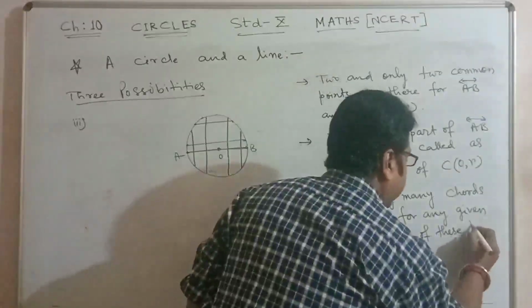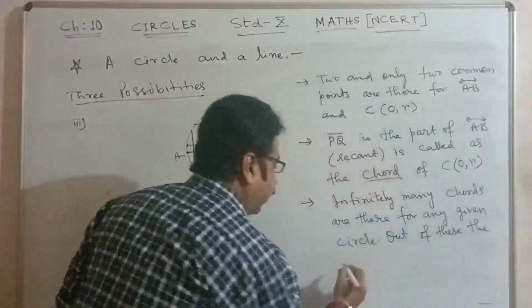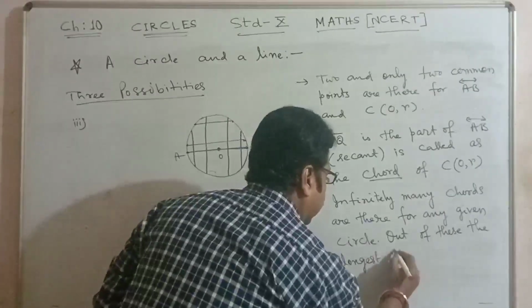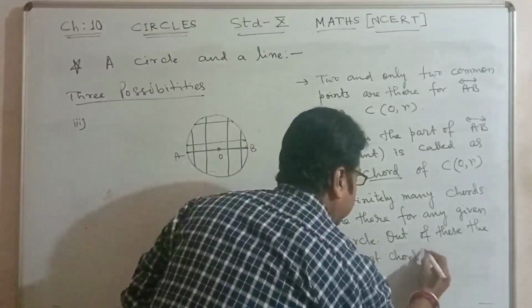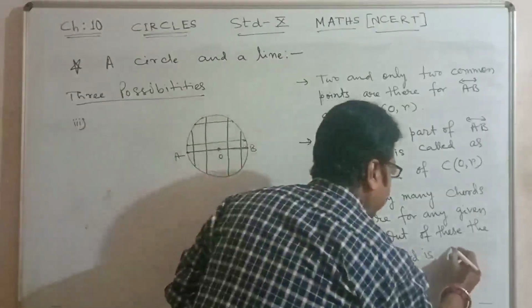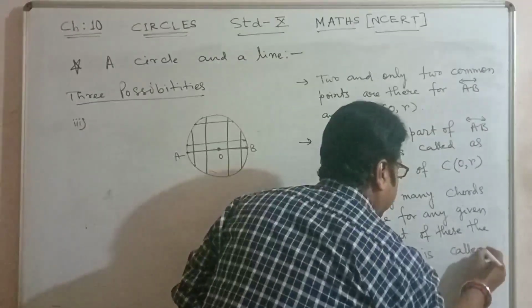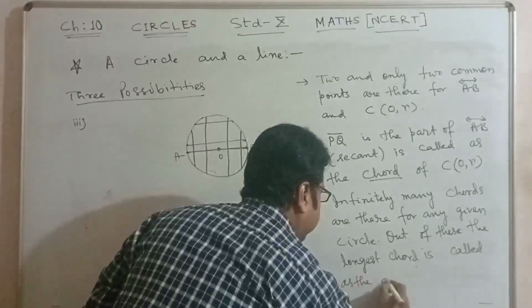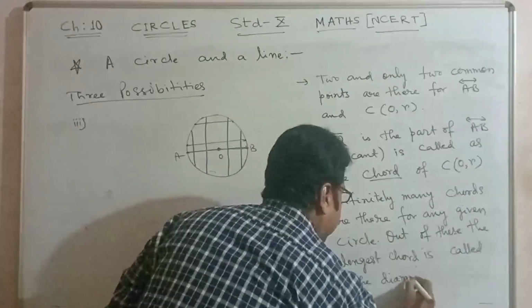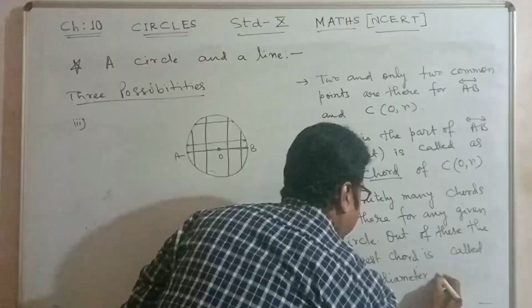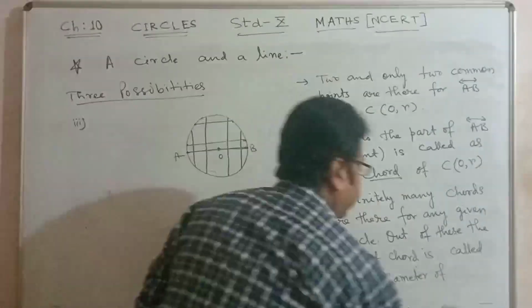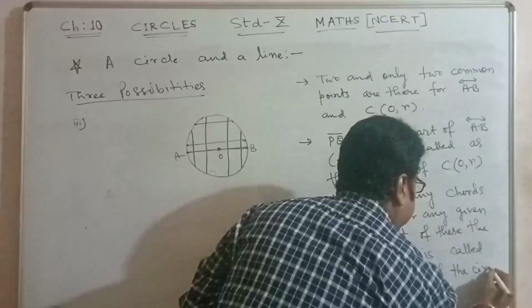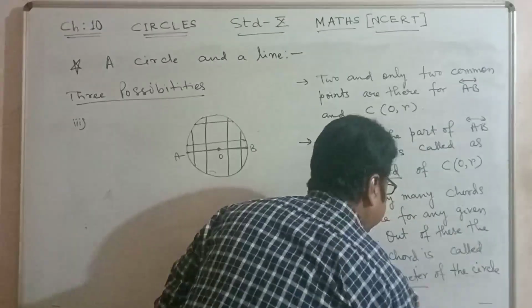The longest chord is called the diameter of the circle. This is one more term we have got.